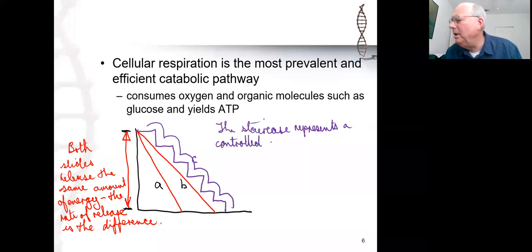I'll just put a note in here: the staircase represents a controlled incremental release of energy. And the amount doesn't change.